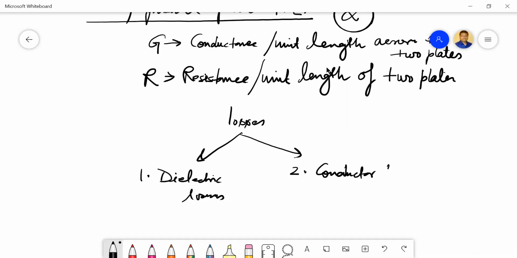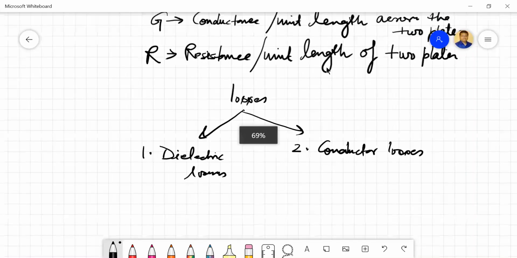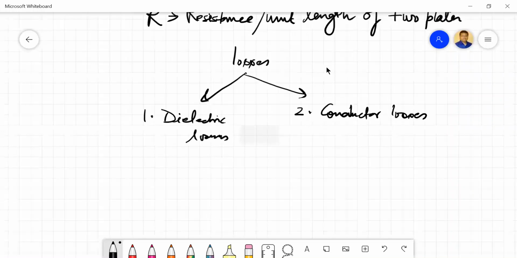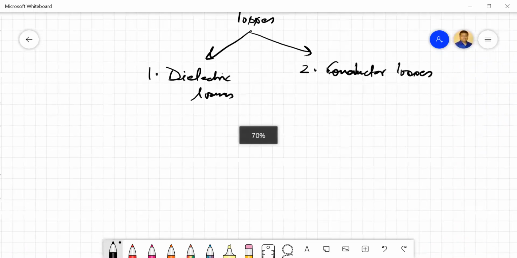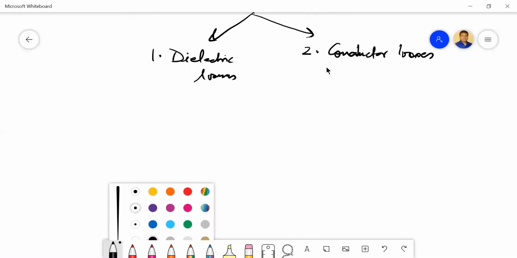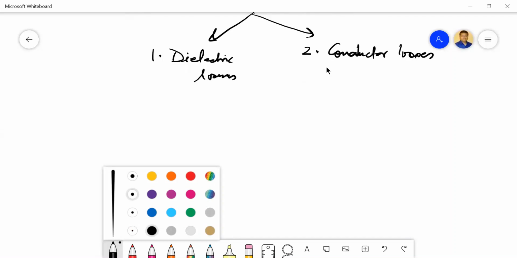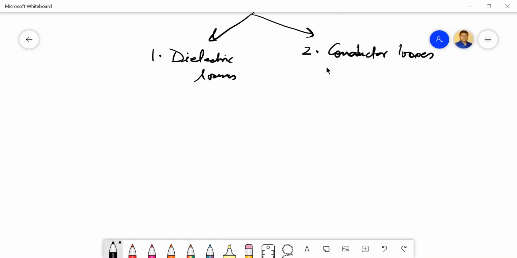It is quite clear. So let us see first, which is dielectric losses.